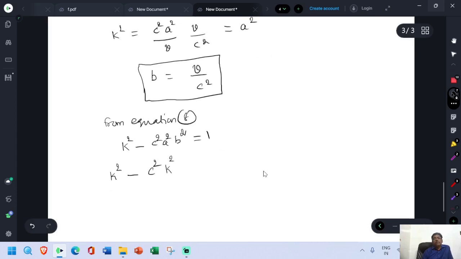Then this b square is v by c square whole square, because b equal to v by c square.